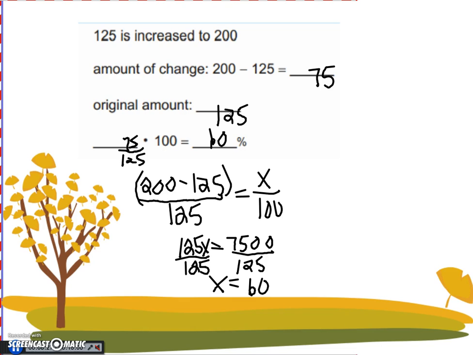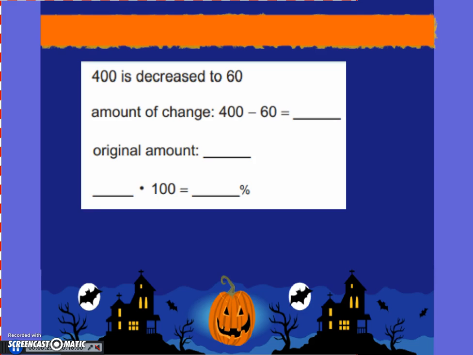Okay, let's look at the last one. On the last one, it says 400 minus 60. So 400 minus 60 is going to get me 340. The original amount is 400. And we're going to do 340 over 400 times 100. So the way that I want you to do it, though, is the percent proportion.